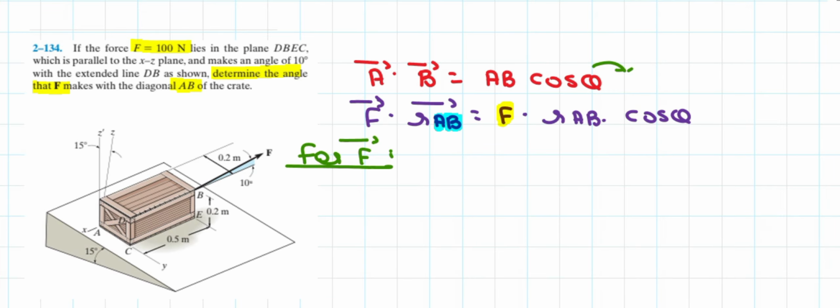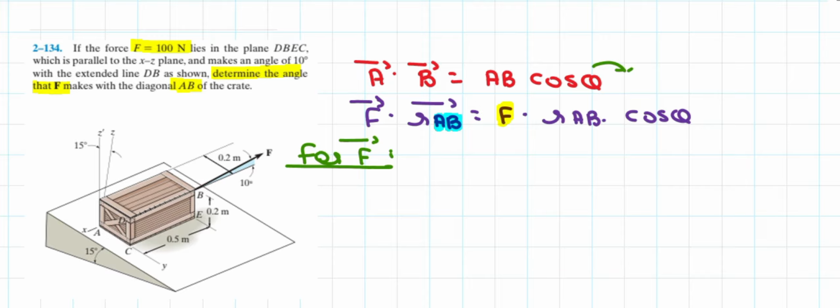Now let's find the vectorial or Cartesian form of force F. If you look at the diagram, this is our force F, and this black arrow right here is where the force F is acting.